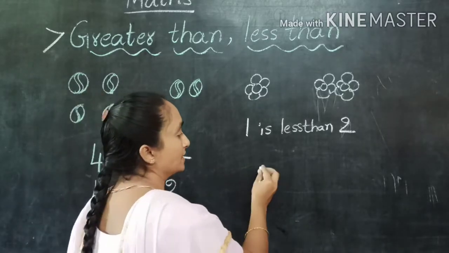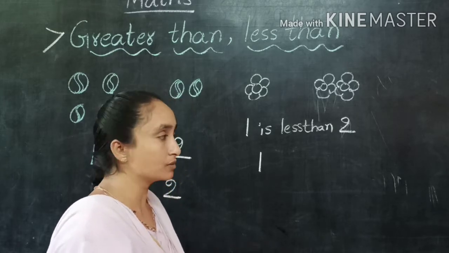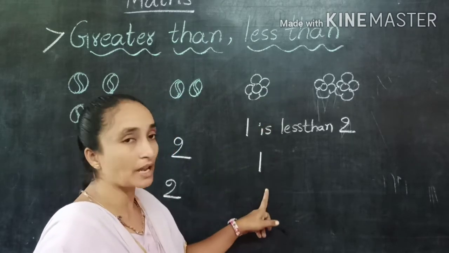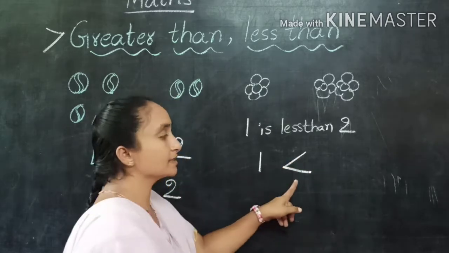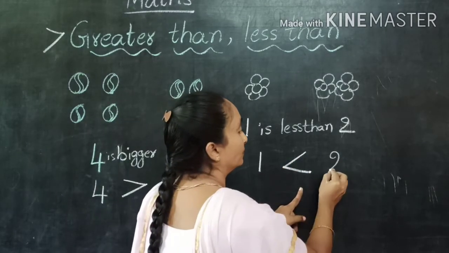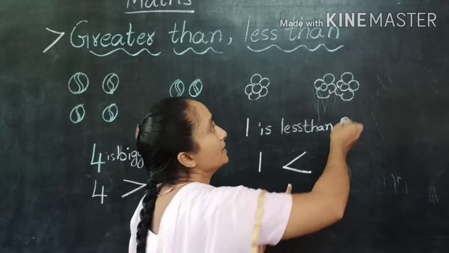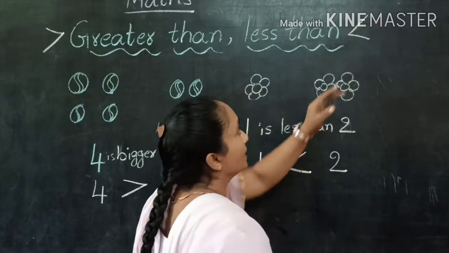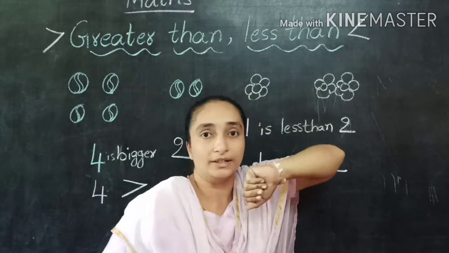So when we write this one, here we use the symbol for less than. For less than, here we have the symbol, 1, this side, children, is less than 2. So this is the symbol for less than.